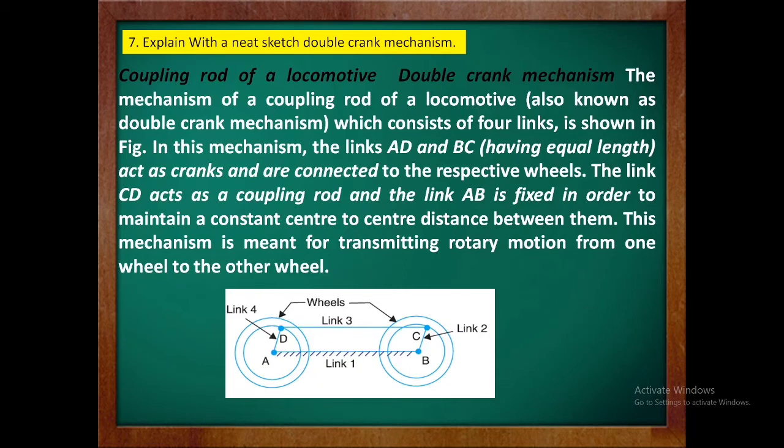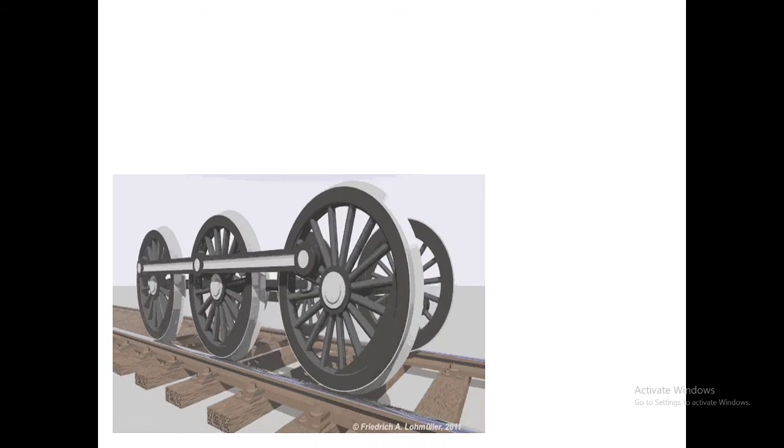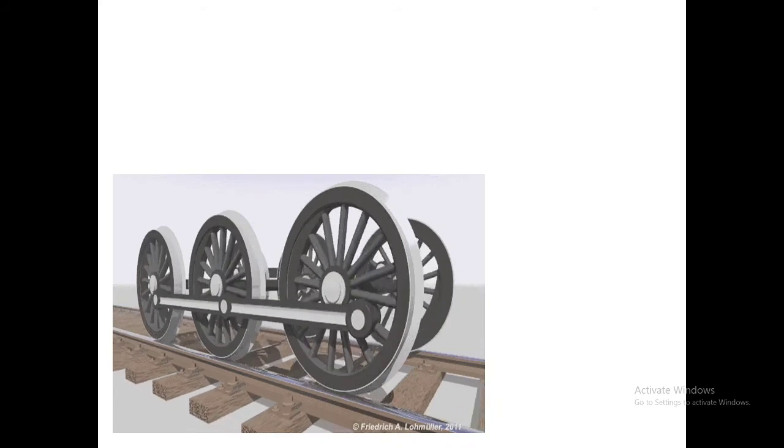The link CD acts as a coupling rod and the link AB is fixed in order to maintain a constant center to center distance between them. This mechanism is meant for transmitting rotary motion from one wheel to another wheel. So here this is the animation of the coupling rod of locomotive.